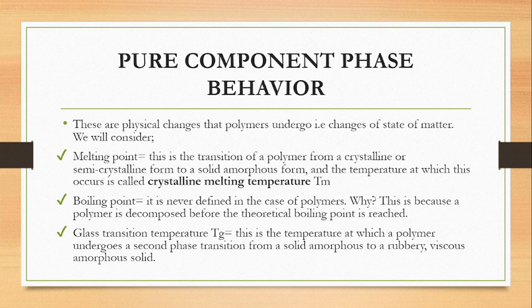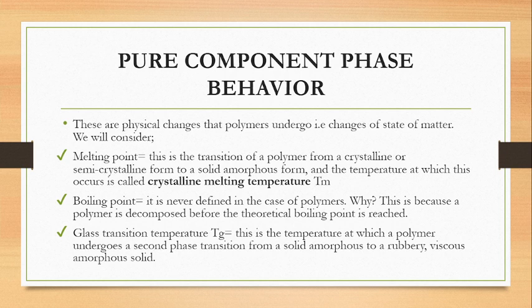Basically, polymers, like any other material, do undergo phase changes, but not necessarily changing from solid to liquid to gas. There are some phase behaviors that they exhibit that we need to talk about here, and they are quite interesting.